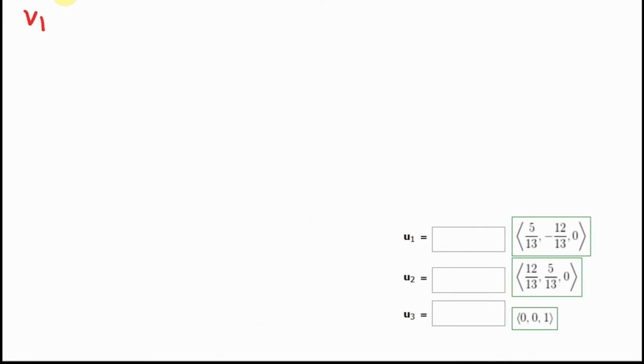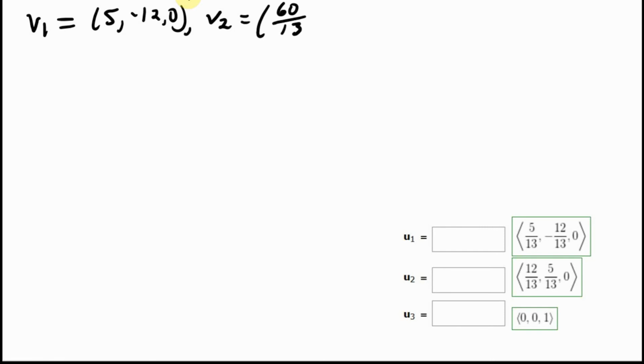So we found v sub 1, which is (5, -12, 0). V sub 2 we found, is that 60 over 13, 25 over 13?